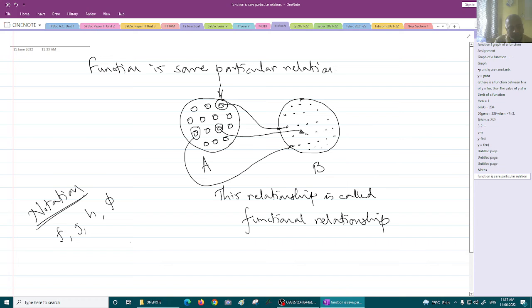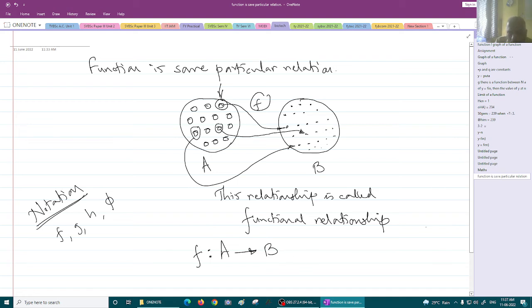I write it this way. Suppose I call this function f. Then I say f: A → B. That is, f is a function from A to B.